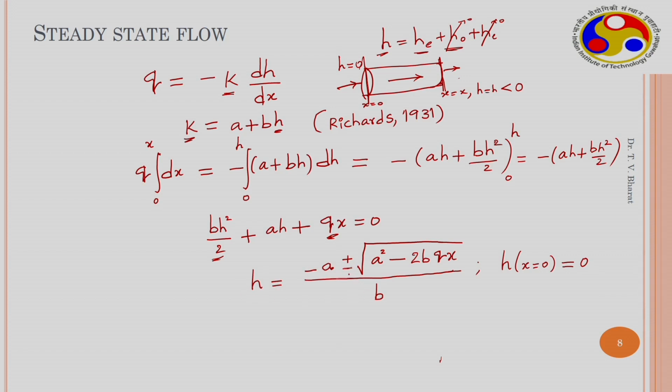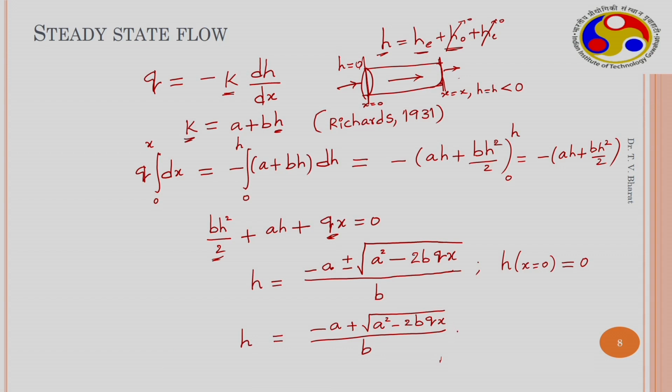To make the h equal to 0, this should be plus, then only h will become 0. So therefore the correct solution is minus a plus square root of a square minus 2bqx, divided by b, is the solution for this particular one.